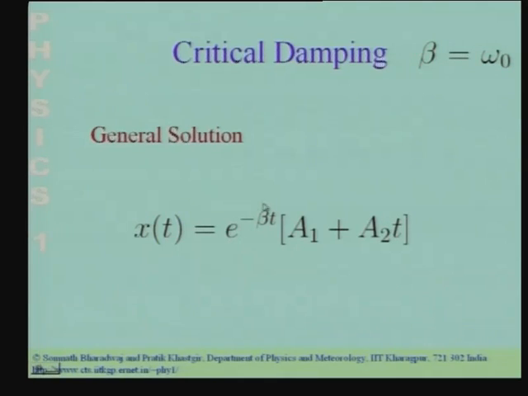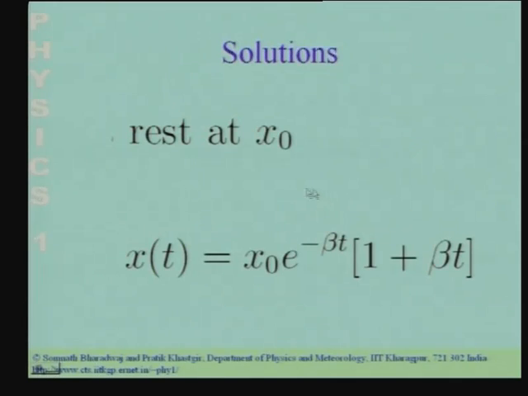So, you have two solutions still, one of them is the exponential which you had earlier, another solution which now comes up is time into the exponential. So, it is t into e to the power minus beta t. So, you have these two solutions which could have two different coefficients, and the most general solution is a superposition of these two solutions.